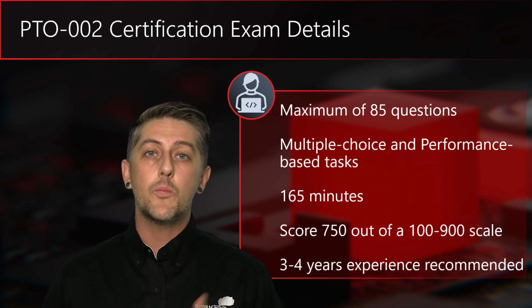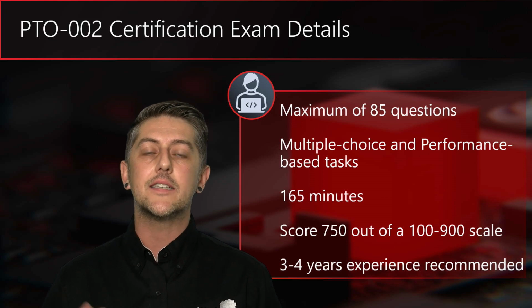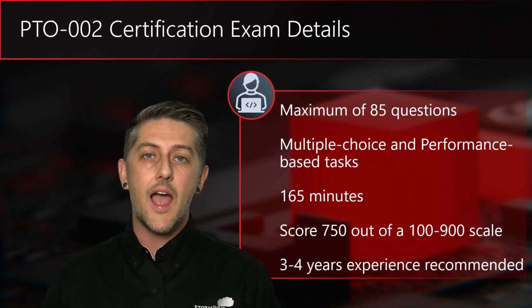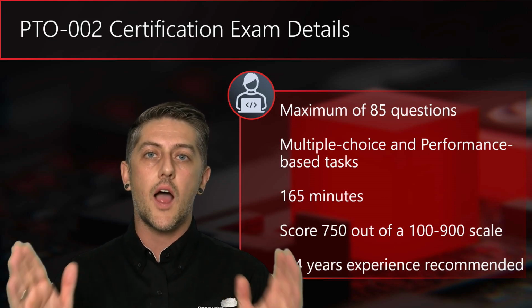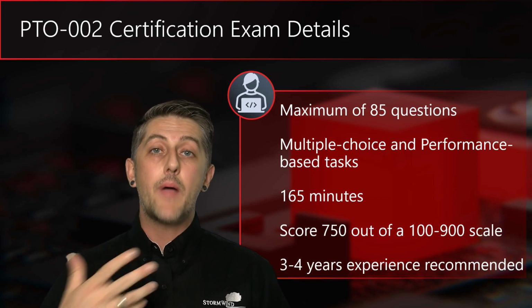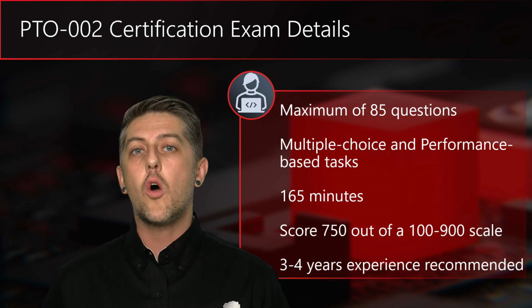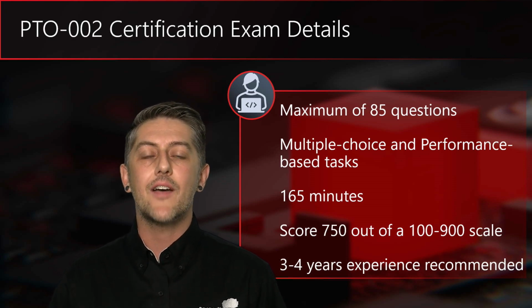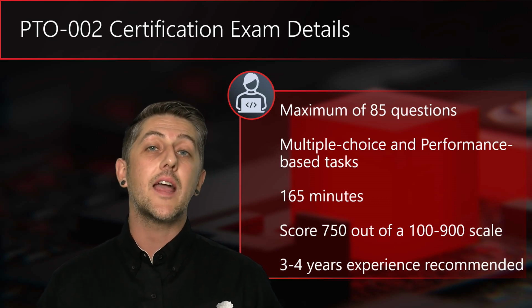Scoring. In order to pass this exam, you need to have a 750 out of a 100 to 900 range on a scale. Now, about this score, not all of the 85 questions have the same weight. Some questions aren't even graded at all.